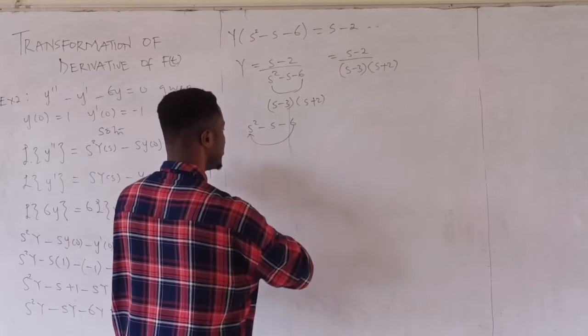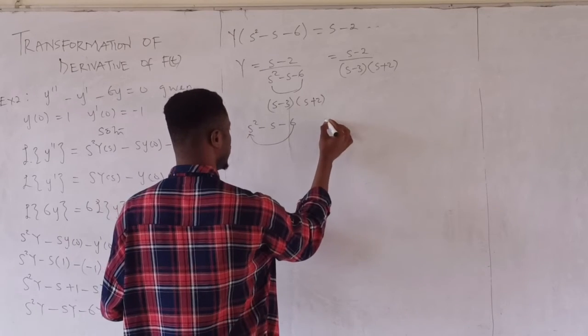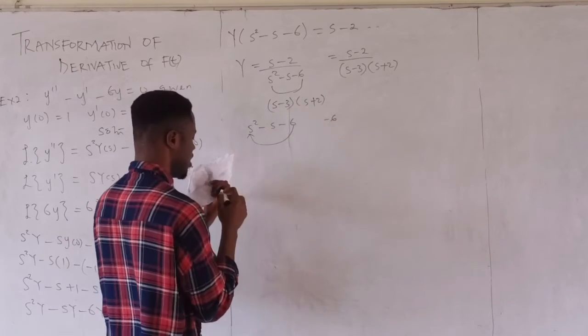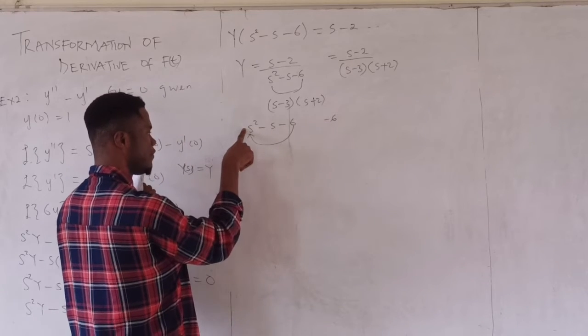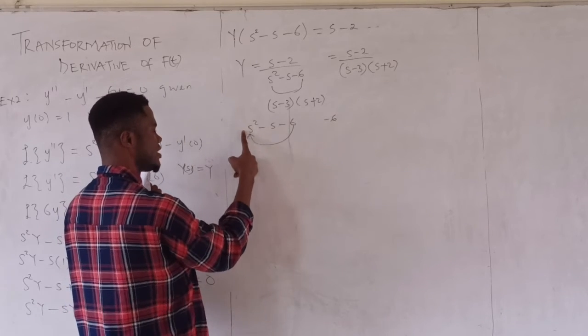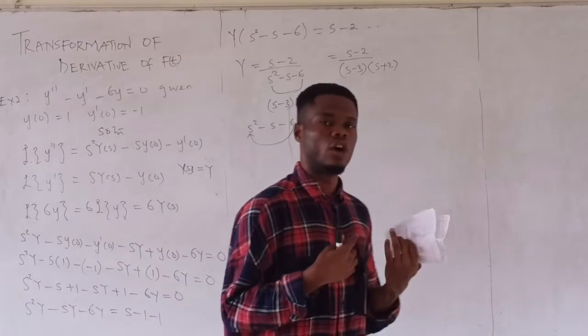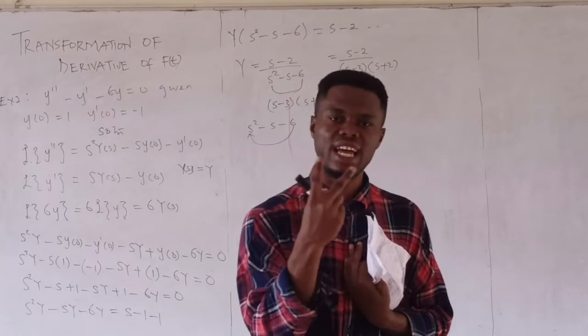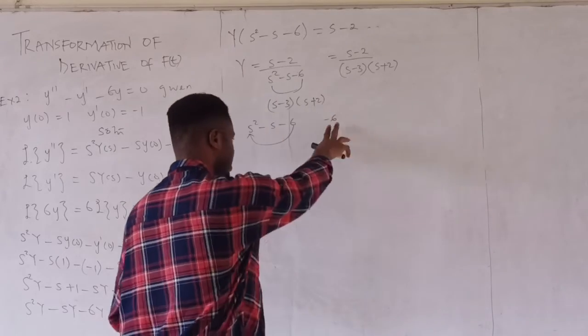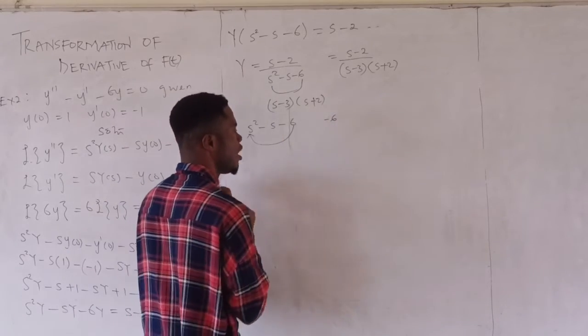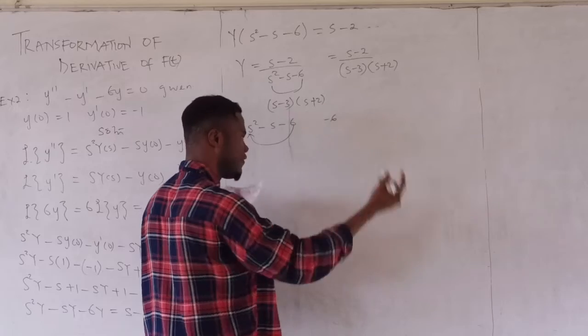If you multiply minus 6 by the coefficient of s squared, which is 1, you have minus 6. So your idea now will be, what are the two factors of minus 6 that when you, okay, write down the factors first.